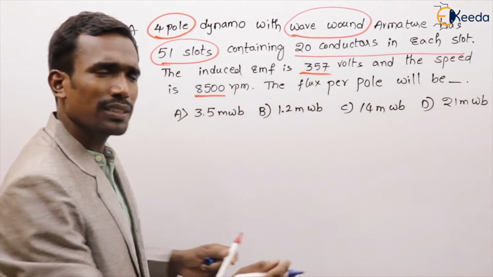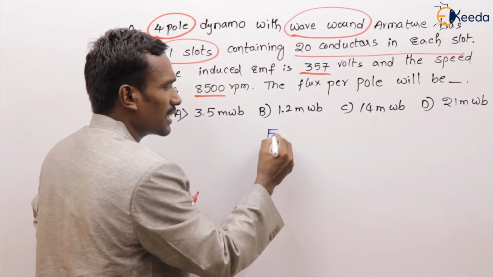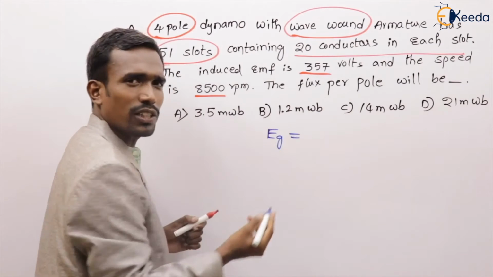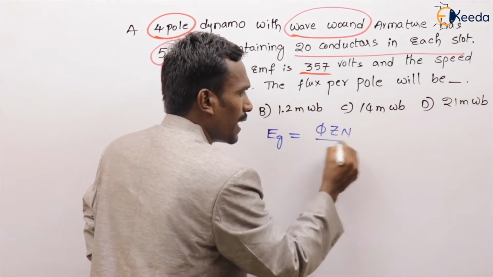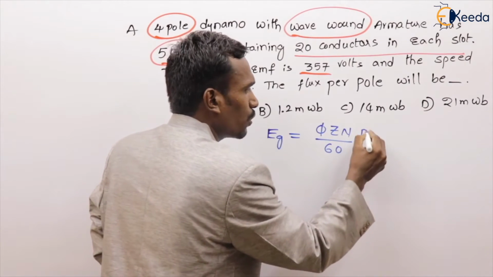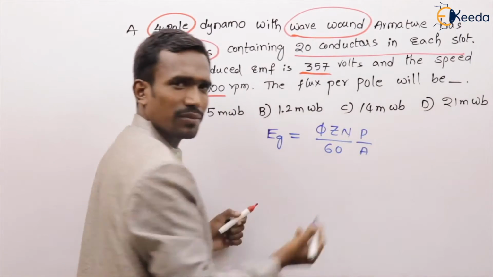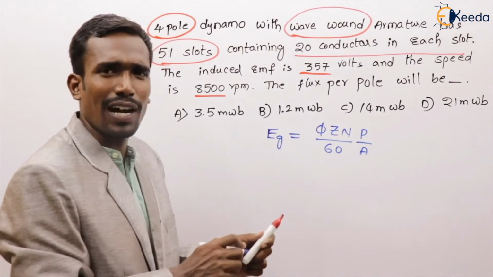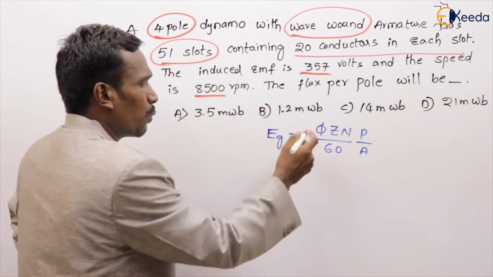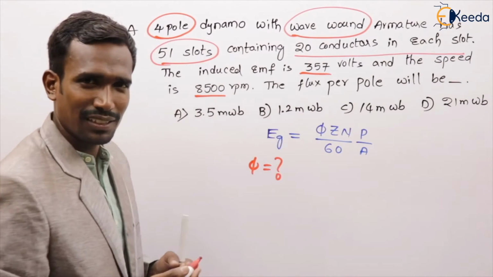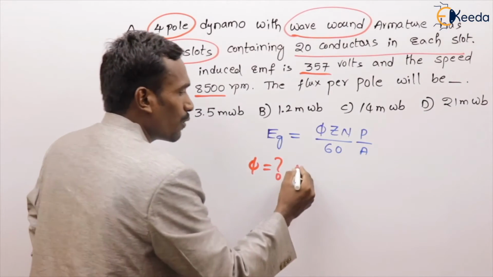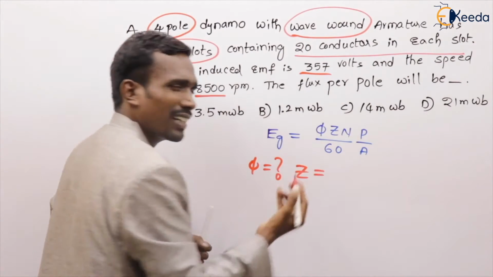Generally, what is the formula, sir? The generated EMF, Eg, is equal to phi Zn by 60 into P by A. This is generally our formula. Now tell me, what is the flux they gave? We have to find the flux. And how many conductors are there?